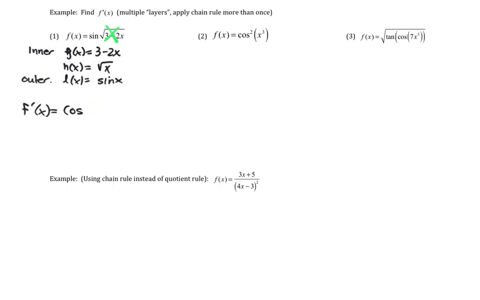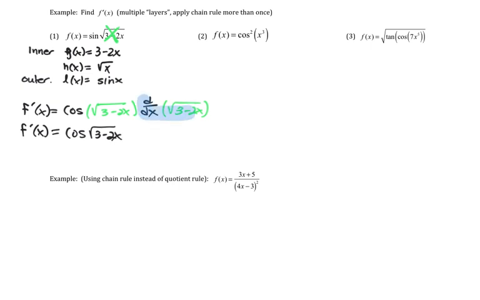So we just leave that expression there. And then we have to differentiate that inner function. Okay? So I get f prime of x, cosine of radical 3 minus 2x.